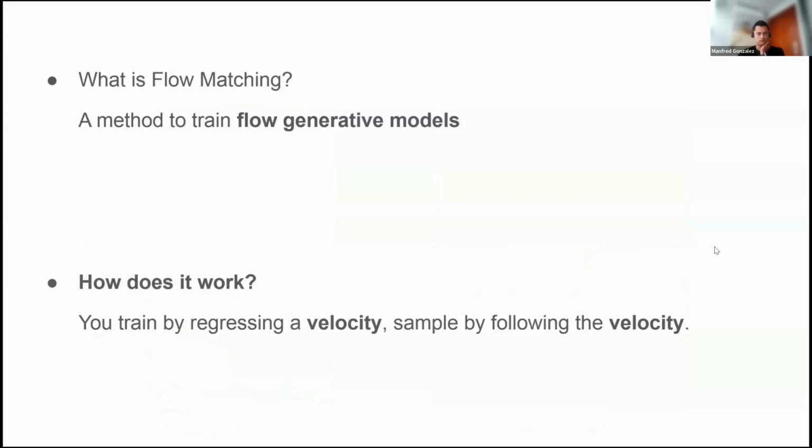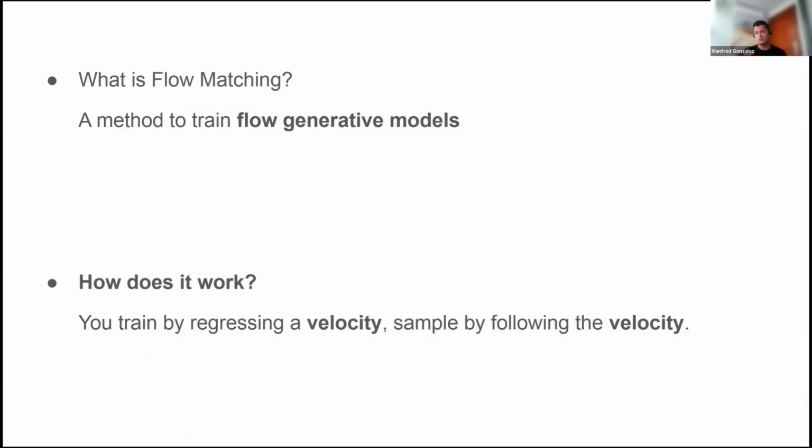So if you guys are asking, what is flow matching, right? Basically you have a method to train a flow generative model in which when you train, you try to regress the velocity, but when you sample, you try to follow the velocity. So in a nutshell, when you're training a flow matching model, you are basically trying to go from one simple distribution to a more complex distribution.